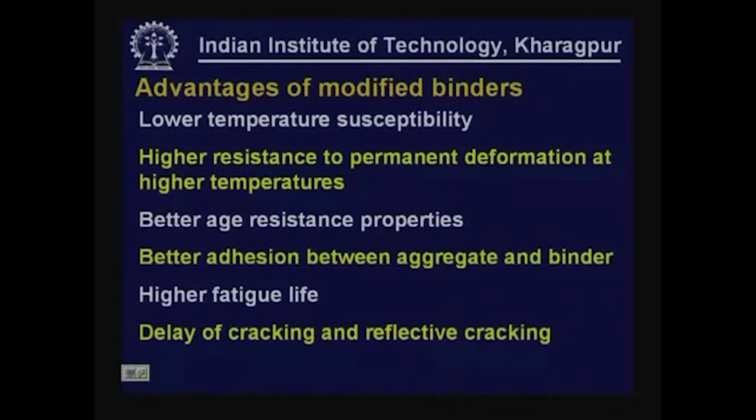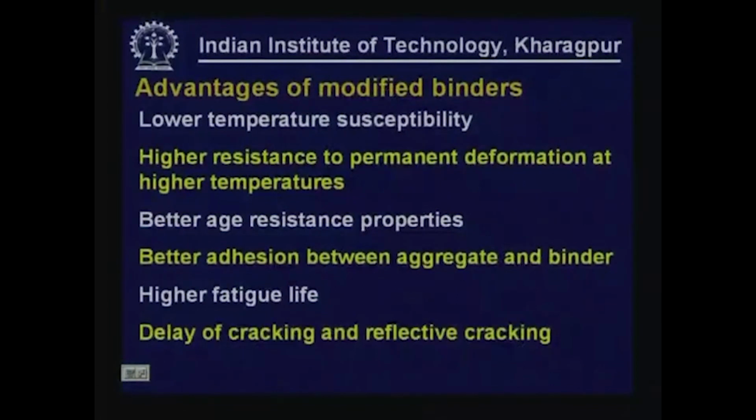What do these modifiers do to the binders? The main advantage of using these modified binders is that the temperature susceptibility of modified binders is in general much lower compared to straight-run bitumens. That means the properties do not change significantly with temperature variation. These binders have higher resistance to permanent deformation at higher temperature.